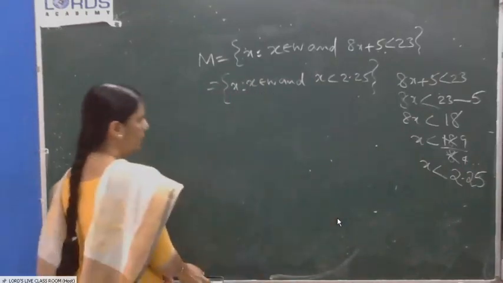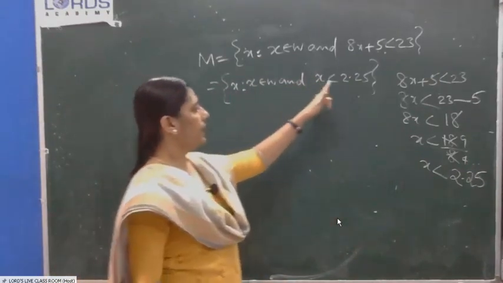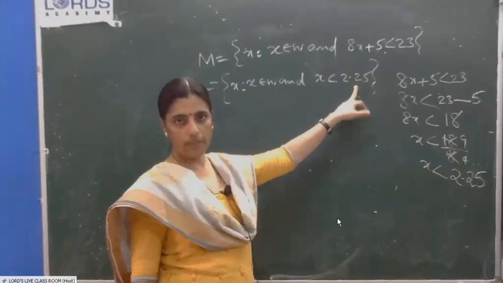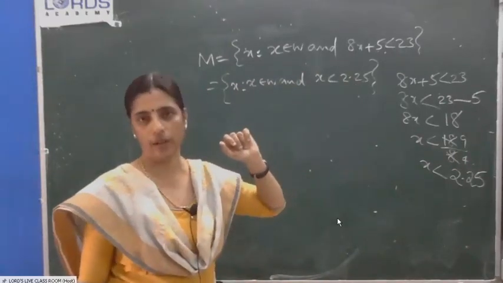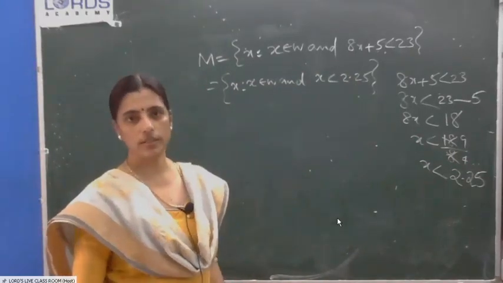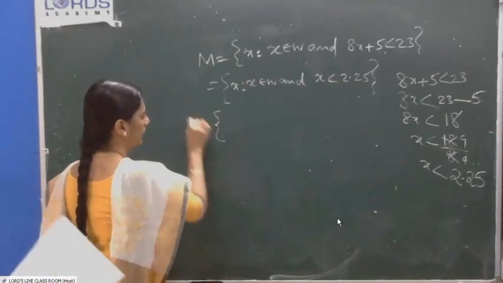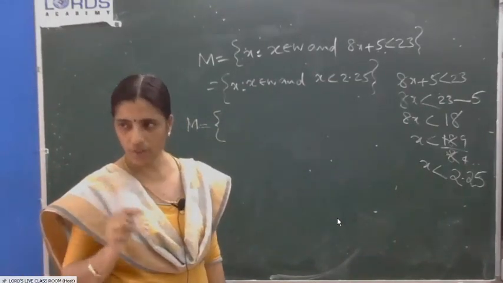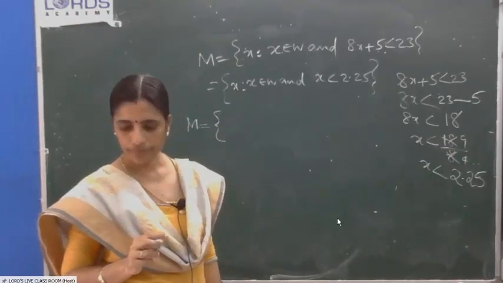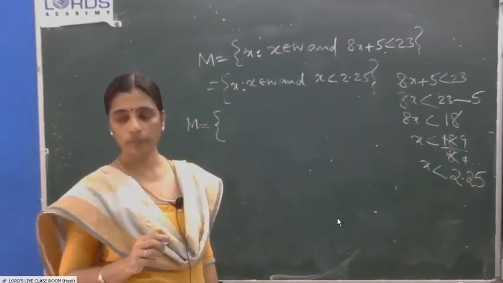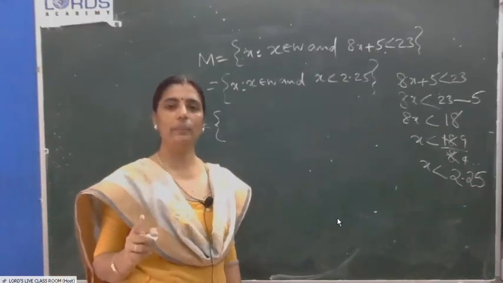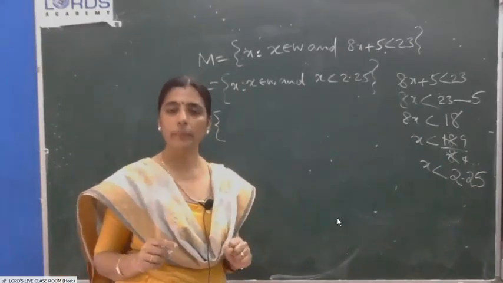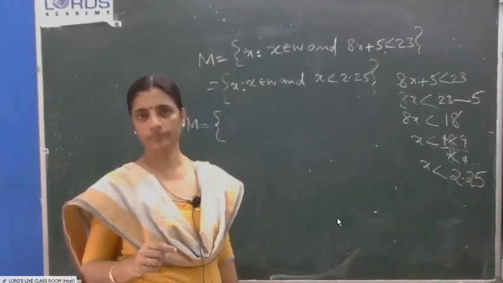X should be less than 2.25, but X should come from the whole number family. Which members? You tell. M equal to, which is the first member of the whole number family? 0. Natural numbers start from 1, whole numbers start from 0.